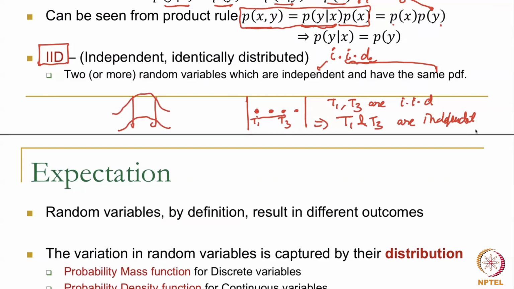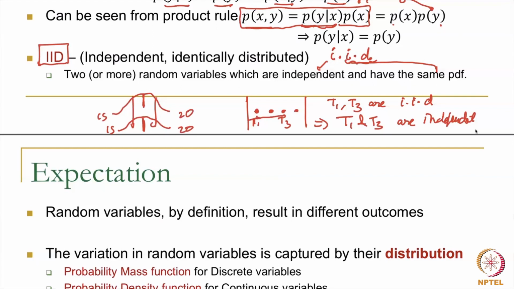But what it means is, when I draw the probability distribution function, if T1 lies between 15 and 20 and has a certain shape, then T2 also will lie between 15 and 20 and have the same shape. So the probability of getting 17.5 here and the probability of getting 17.5 here would be the same.